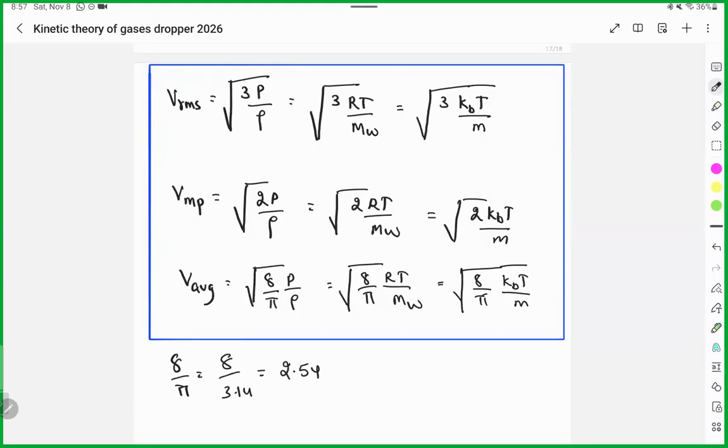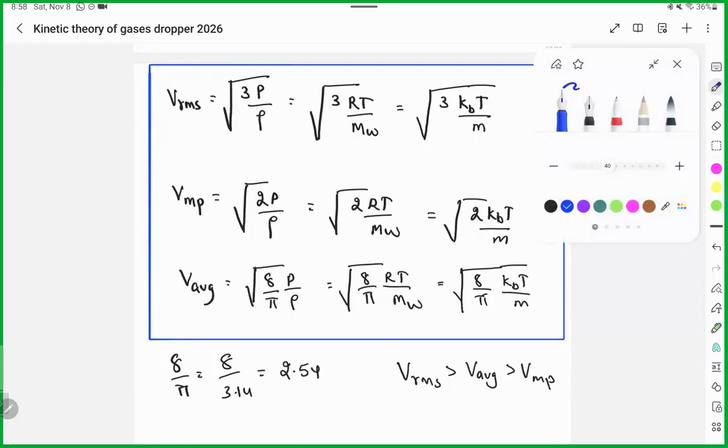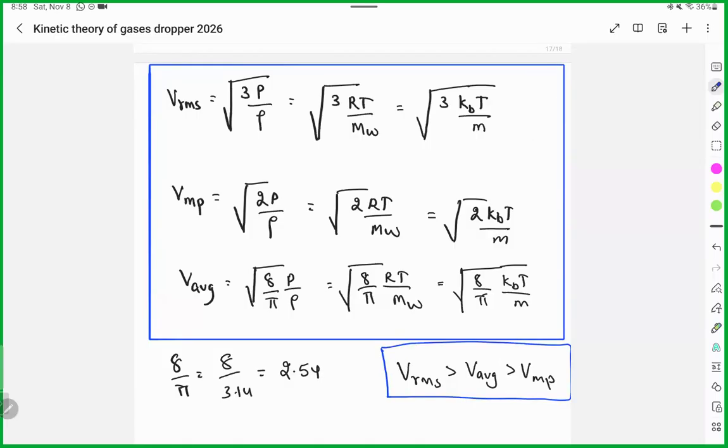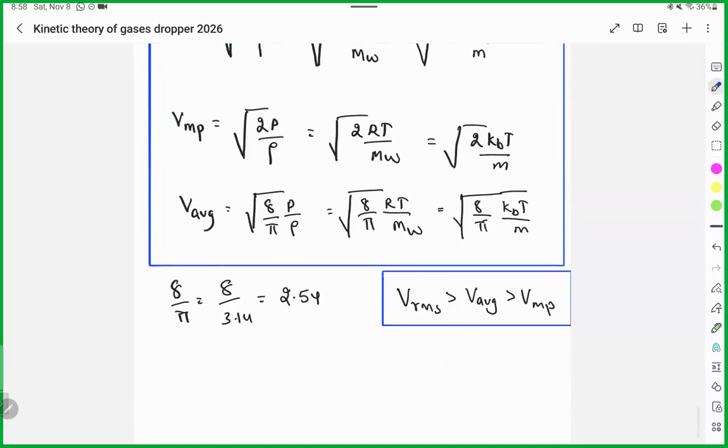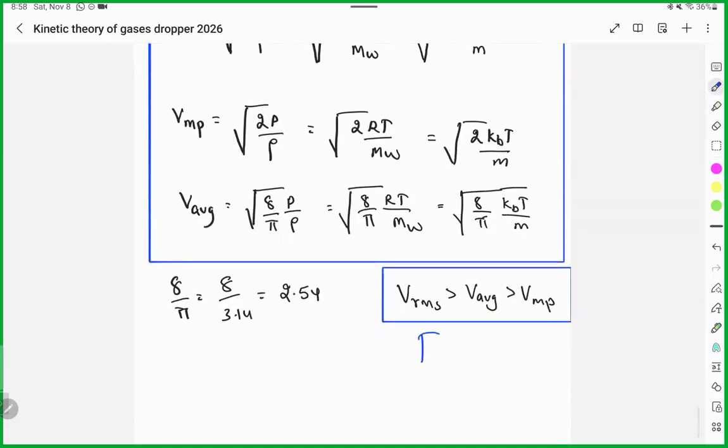So it is greater than most probable and lesser than RMS. So VRMS is maximum, then average, and then most probable. You know RAM: R first, average second, and most probable third.